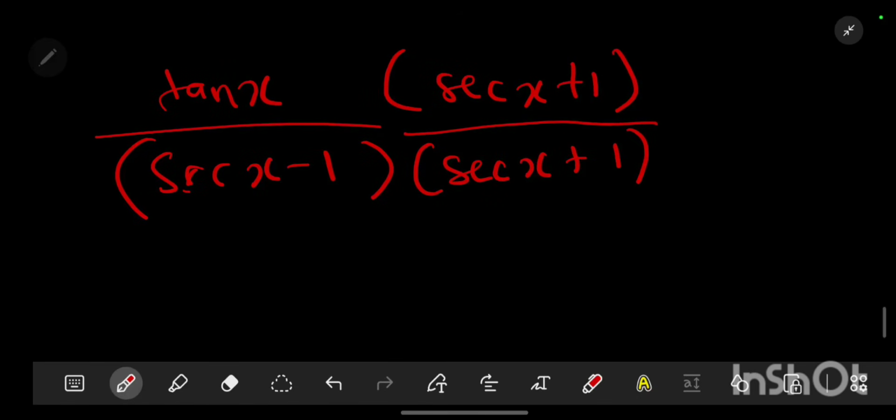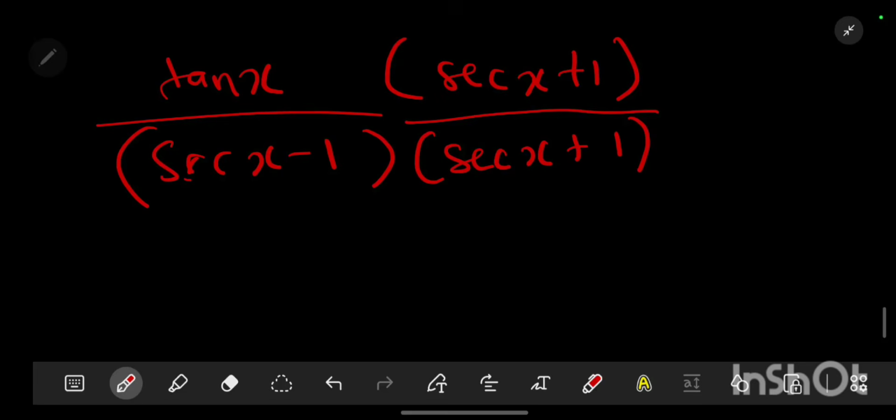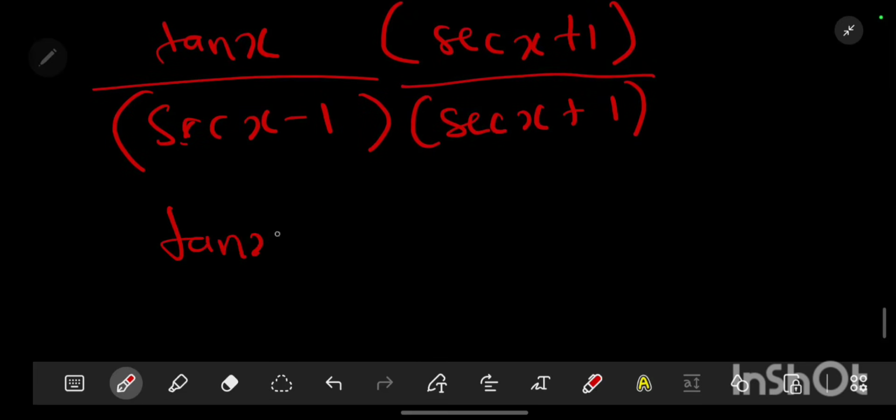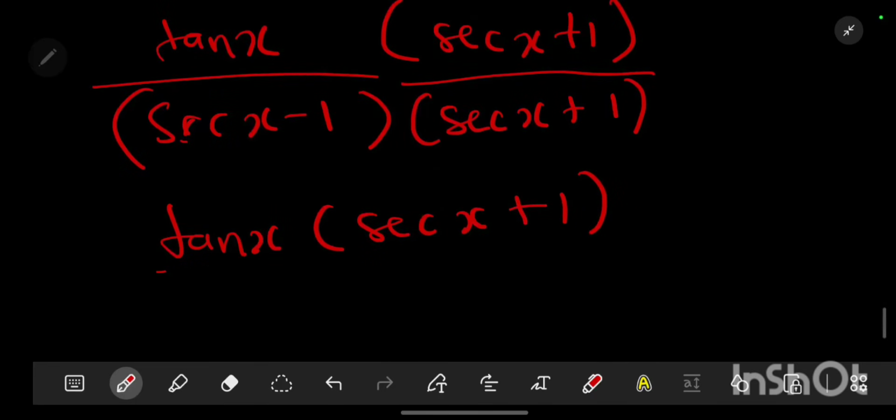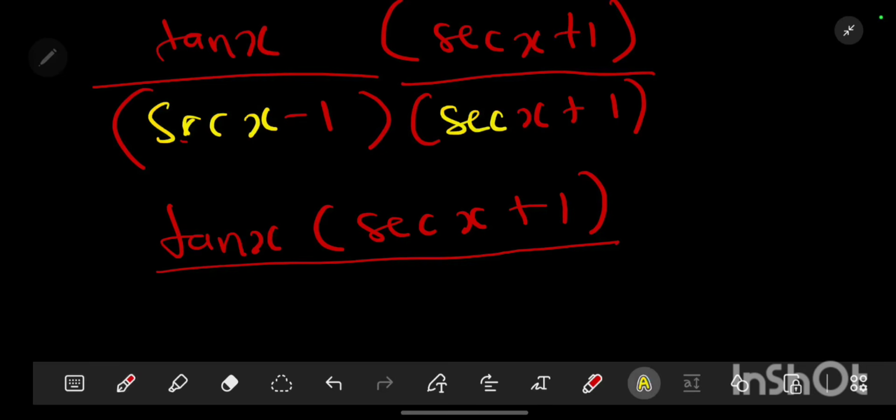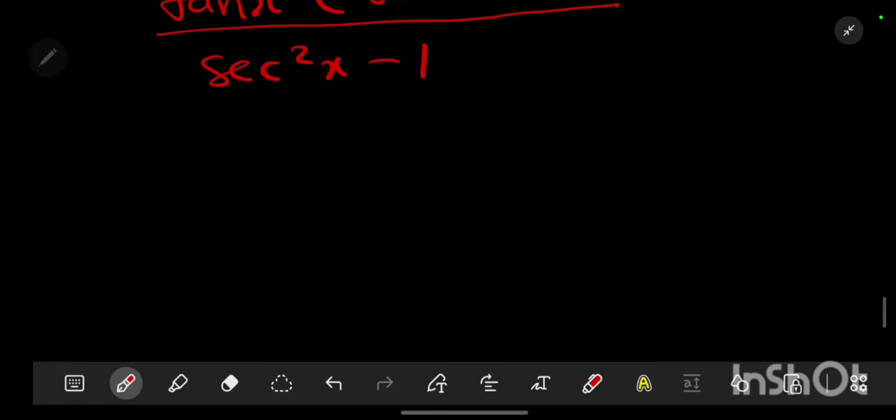So in that case, what we are going to have is tan of x, open brackets, sec of x plus 1, then over the first number multiplied with the first number, since they are conjugates, so it will be sec squared x. The last number multiplies with the last number, so it will be minus 1, like that.